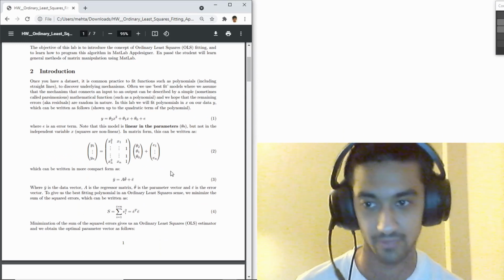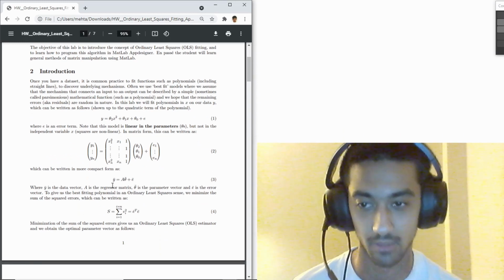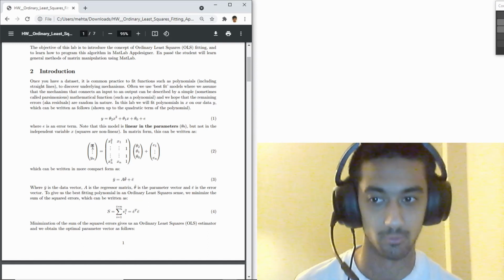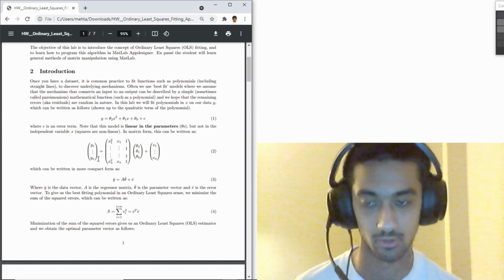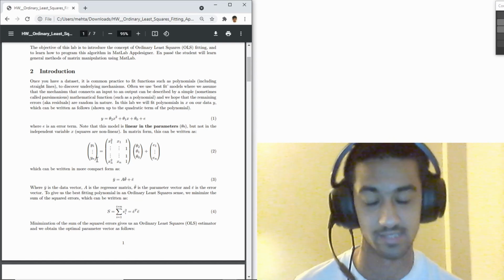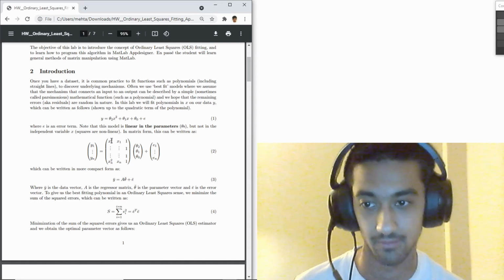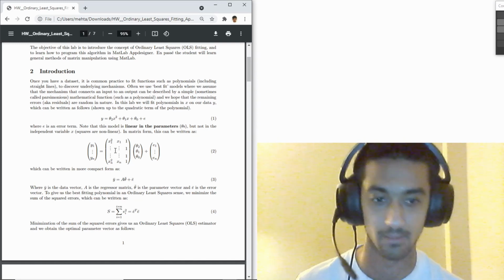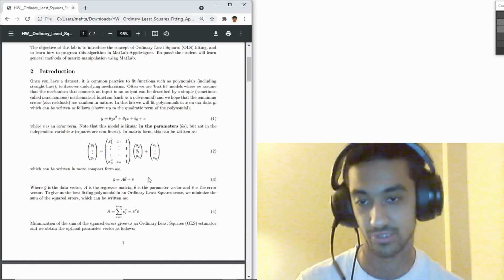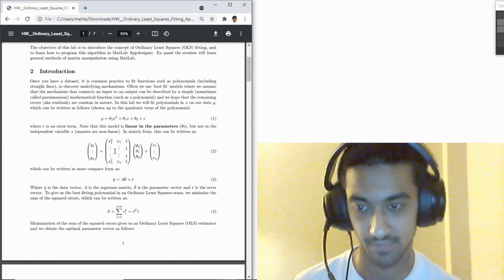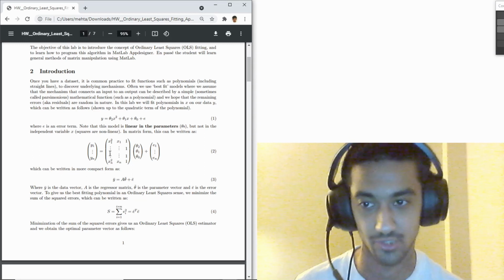We can write the compact form over here as y bar equals A times theta bar plus e bar, where the y matrix is actually a single column and it has the same number of rows as the number of data points. We have the A matrix, which is basically just the powers of x, and this changes by size depending on the order. And every row is the same in this matrix, but the columns change by the power of x.